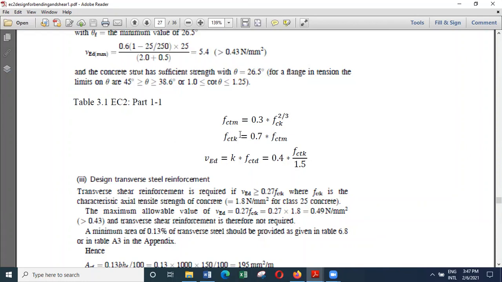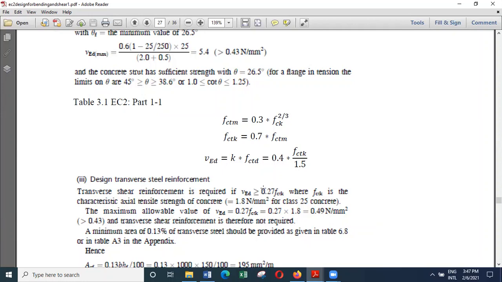So this value is 1.8. And if you want the design value, then we have to divide this value by 1.5. So you get 1.8 multiplied by 0.4 divided by 1.5, and 0.4 divided by 1.5 is 0.27.